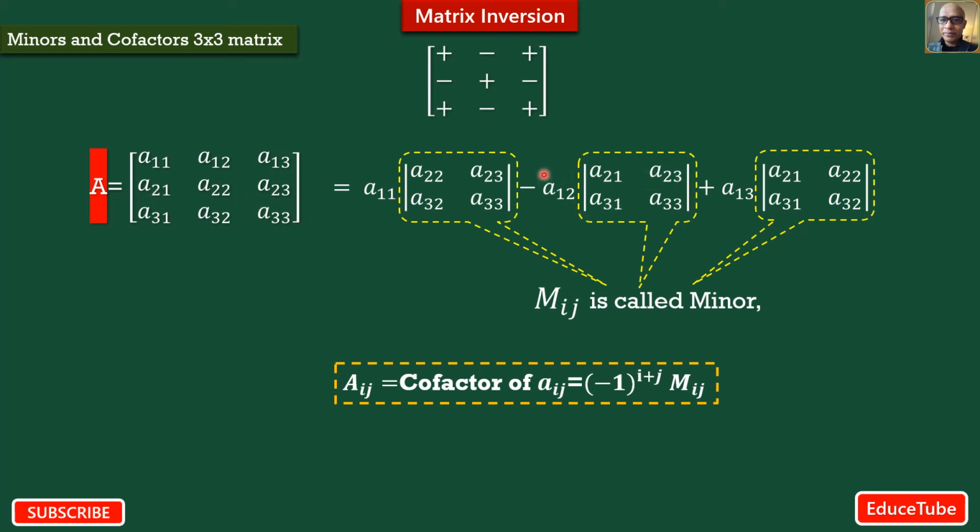Only the sign: instead of plus I put minus because the position is minus. But I will show you later how to bring it another way, because now I am checking this one; later we will also see the formula. And then plus A13. If I cancel this row and this column, I have the remaining 4. So as a minor I have to bring this here. These are all called minors.